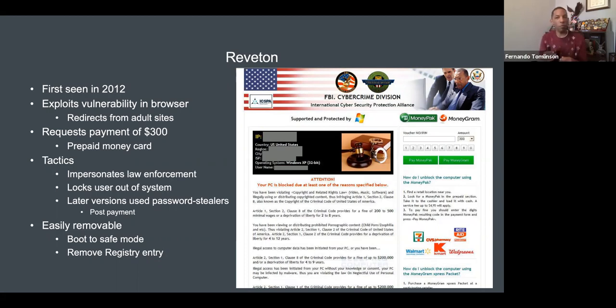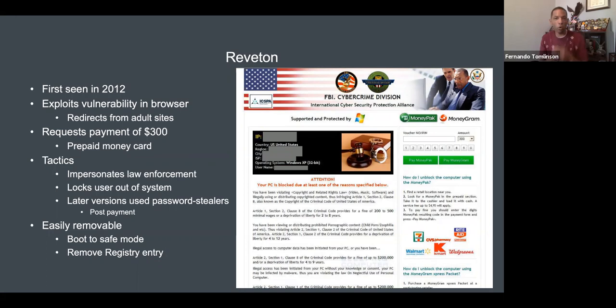And in some cases, people are like, holy crap, I messed up. Because typically this ransomware operated based upon a vulnerability in the browser, but redirected from adult sites. So if somebody felt like they weren't really supposed to be there, and now they're getting this FBI cybercrime division thing, they just wanted it to go away very quickly.